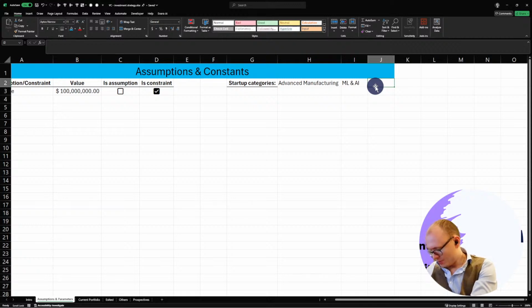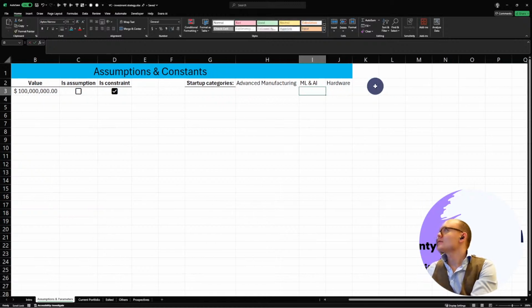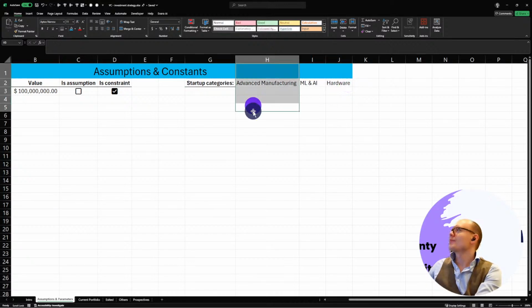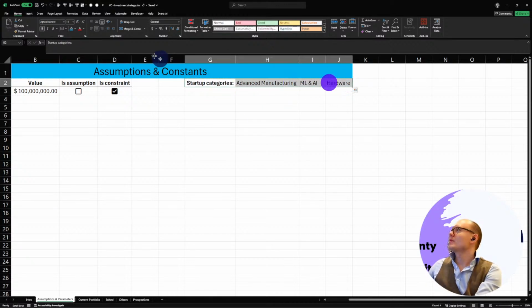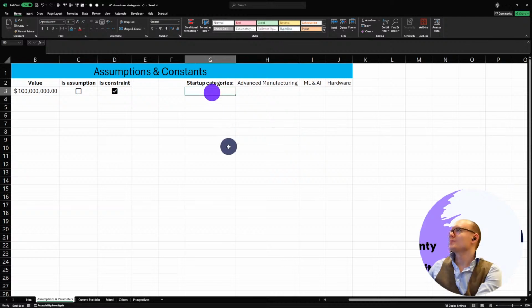And then we can do hardware. And let's just keep it like this for now. That doesn't seem too bad. We'll add this underneath that as well. All of these go to the center. There we go. That is good.